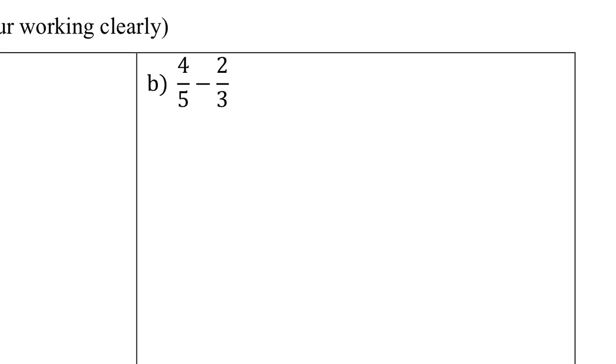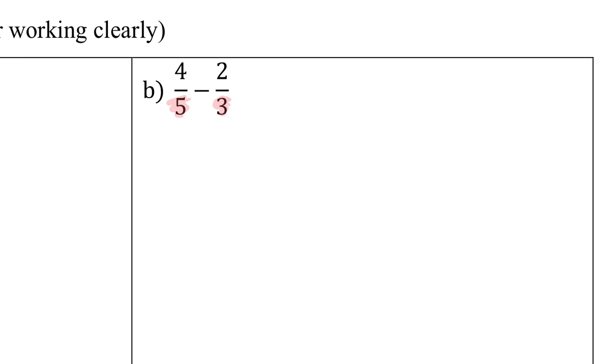And from here, you will then be able to see that I will try to make the denominator the same. Okay? By having that, and from here, I will multiply by 3, multiply by 3, multiply by 5, multiply by 5, such that the denominator here will be over 15.